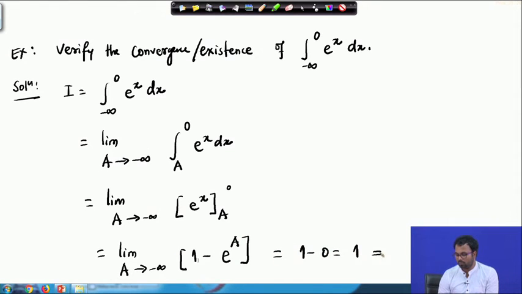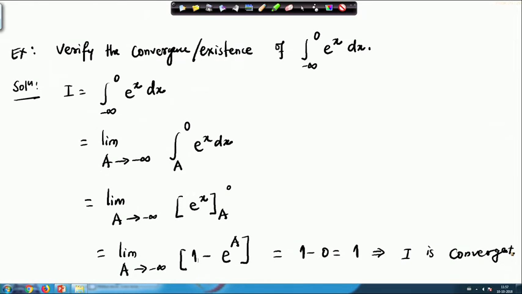So, 1, and from here we can say that I is convergent or I exists. All right. So, this is one such example where you can use the definition of type 1.